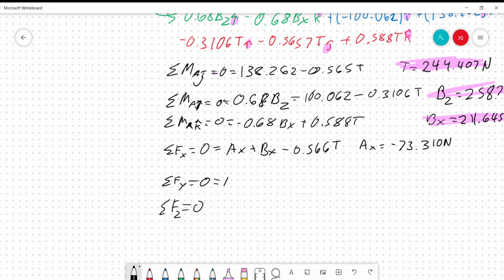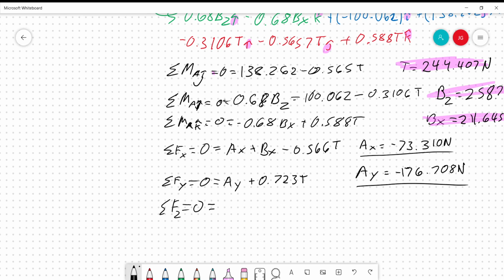And then this is just AY plus 0.723 T. Again, it's going to give us another negative, which just means it's going the opposite direction that we drew it. That's all. Gives us that nice number right there.